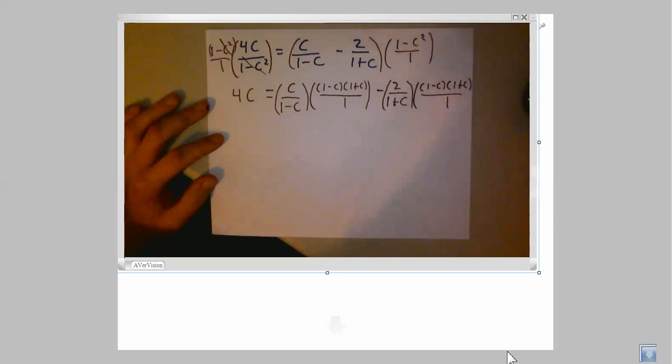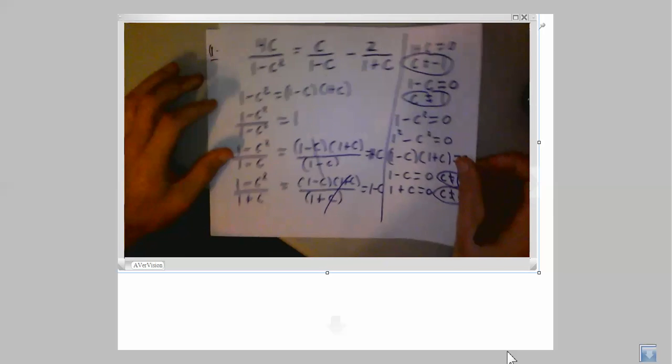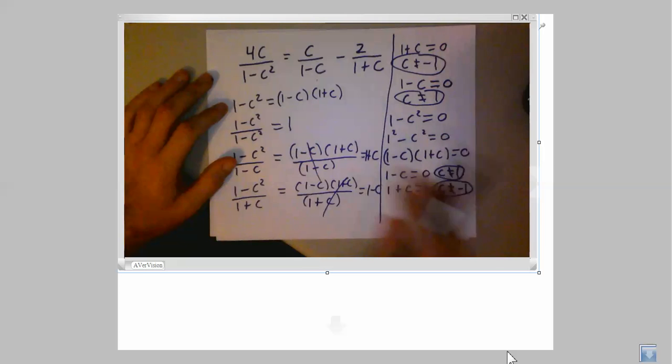Now all I did, this is just 1 minus c squared. I just rewrote it using the difference of squares formula.